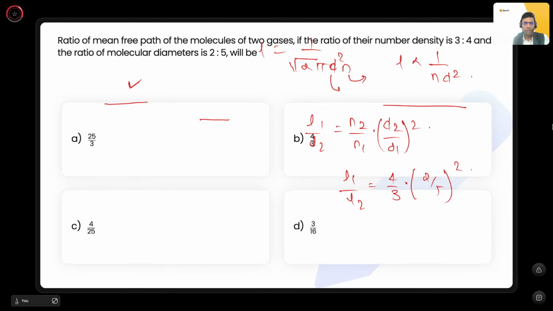ऑलराइट, तो this value will come out to be L1 by L2 is given. Yes. So number density is inversely proportional. ठीक है, 2/5. So this will come out to be 25/3. 3/25.